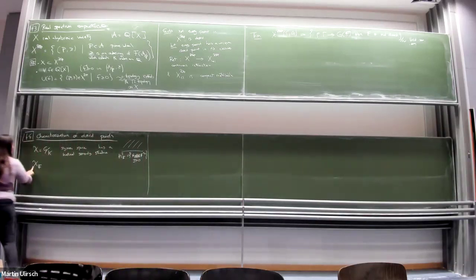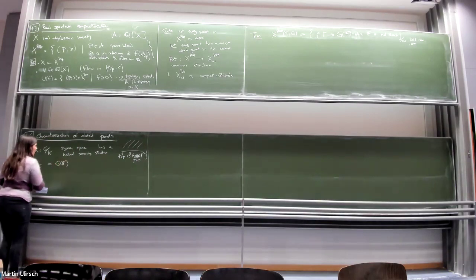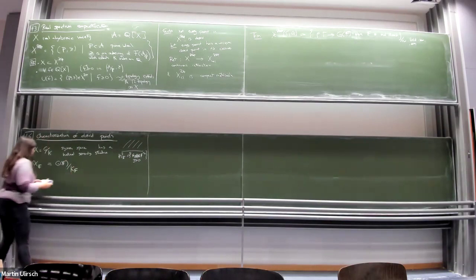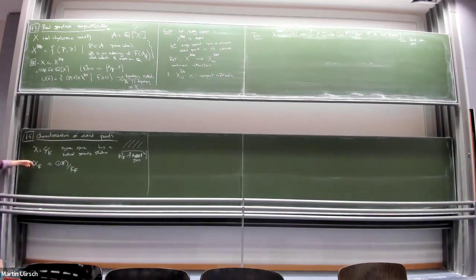So I can consider this set, and the action of G on X is semi-algebraic, which means that this has a natural G action, and can be identified with G of F. In particular, if I think of these as suitable equivalence classes of actions of finitely generated groups, of homomorphisms from finitely generated groups into G, these objects act on this symmetric space over F.